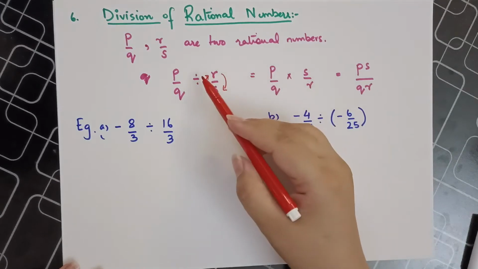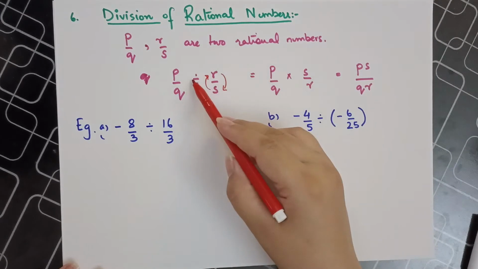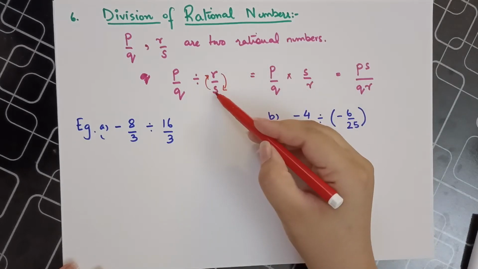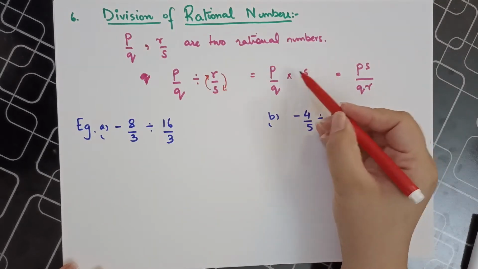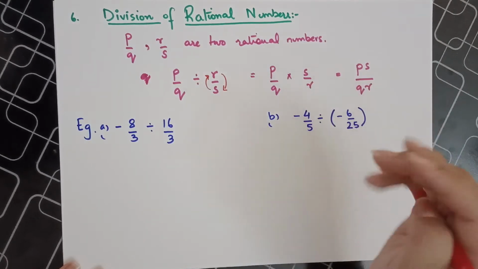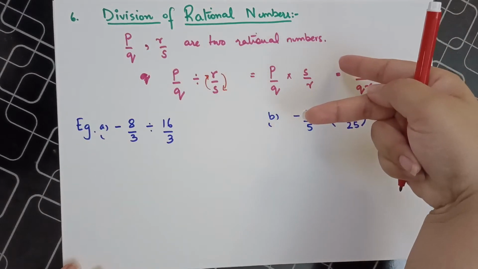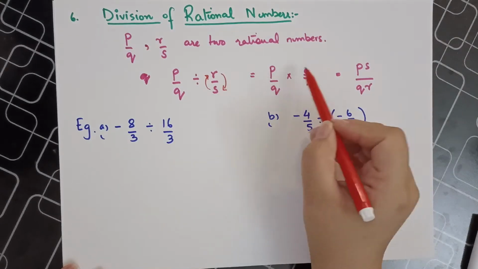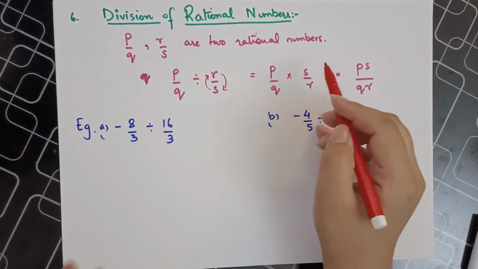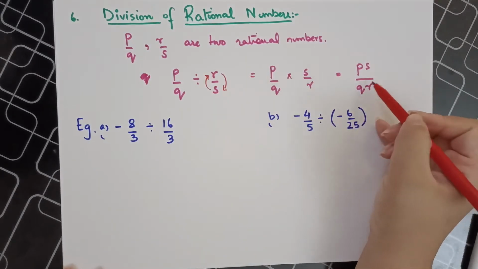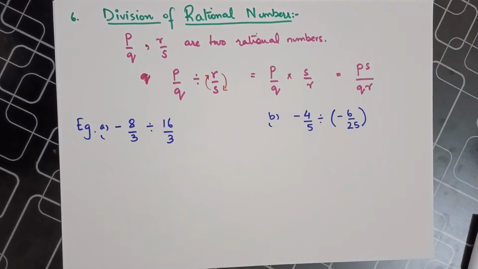So when we change the sign of division into multiplication, the s that was in the denominator came into the numerator, and the r that was in the numerator came into the denominator. We basically flipped the fraction, or the rational number. Now we multiply the numerators and the denominators together. So the answer will be p multiplied by s upon q multiplied by r. This is the answer.